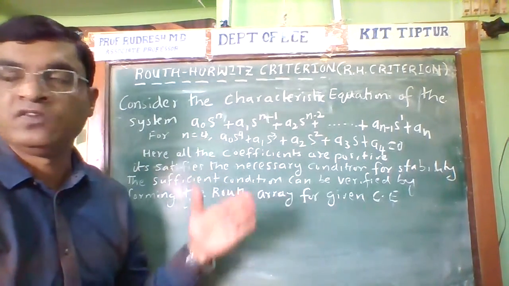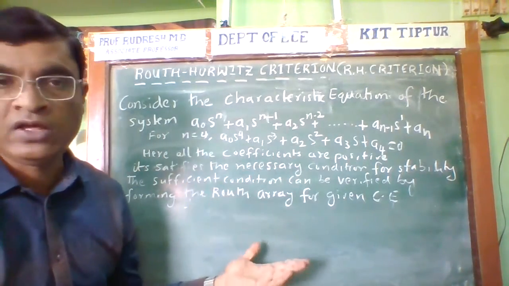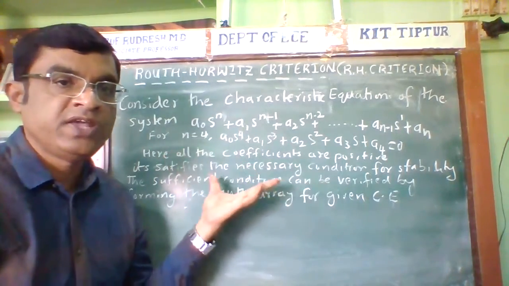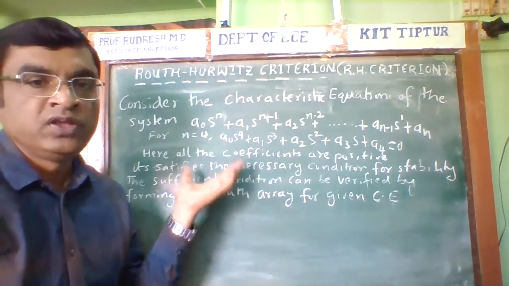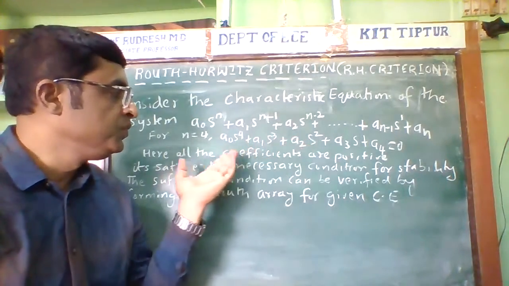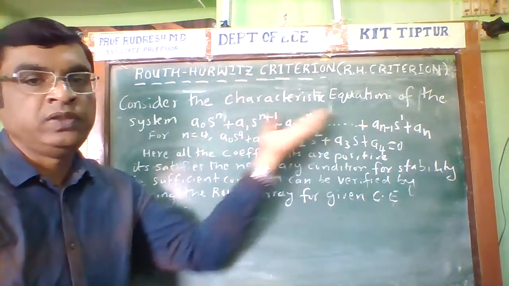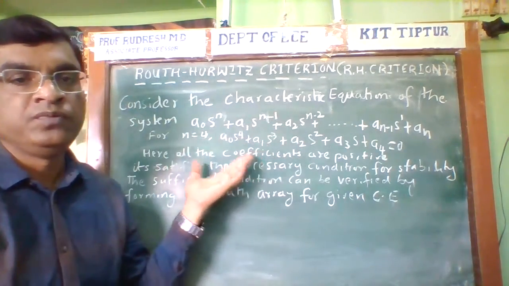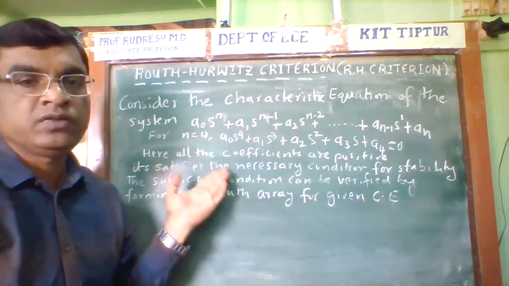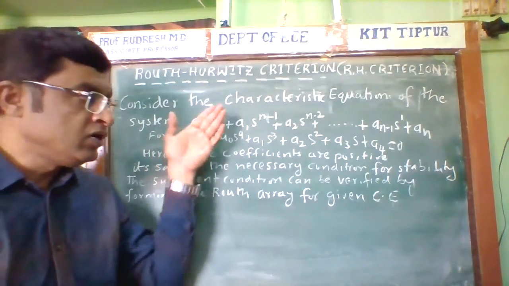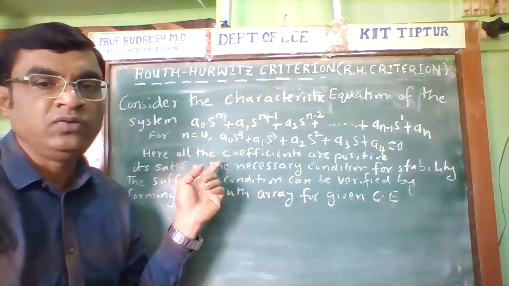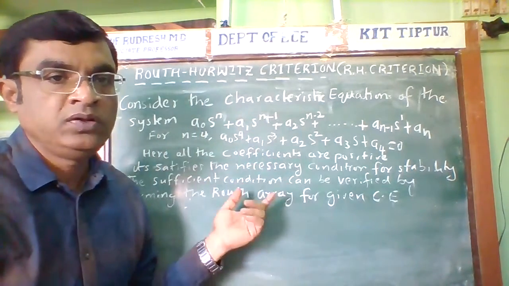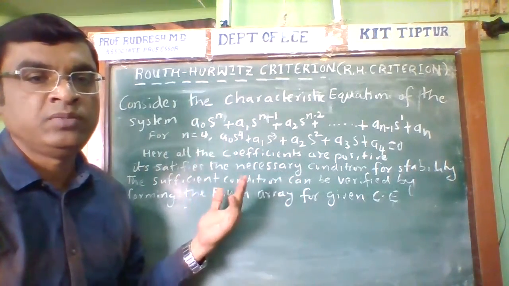In order to verify the system stability by the Routh criterion, if you have the characteristic equation, first verify the necessary condition. If all the coefficients are present and positive, the necessary condition is satisfied. However, even though all the coefficients are positive, in some cases some systems exhibit instability also.